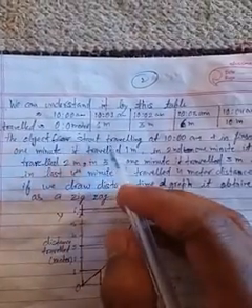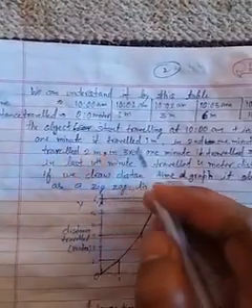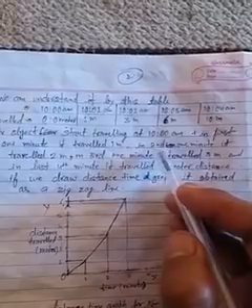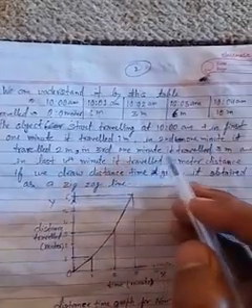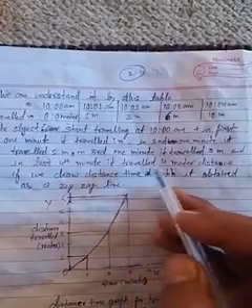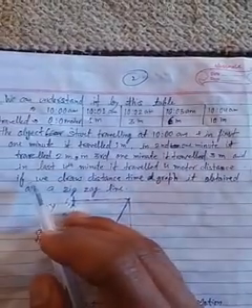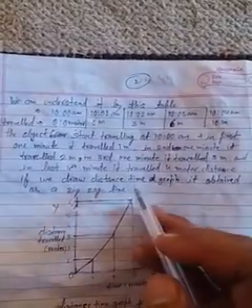The object started traveling at 10 am. In the first 1 minute, it traveled 1 meter. In the second 1 minute, it traveled 2 meter. In the third 1 minute, it traveled 3 meter. And in the last 4th minute, it traveled 4 meter distance. If we draw a distance time graph, it is obtained as a zigzag line.